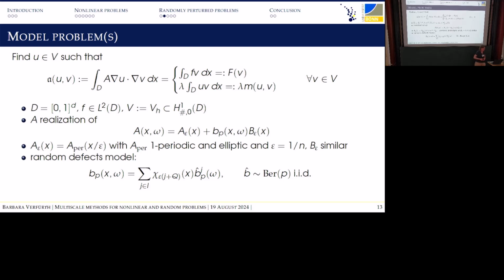They are all independent from each other. And then if B hat is 1, you have A epsilon plus B epsilon as your value there. And if not, you just have the background A epsilon there. That's the model that we also took from the literature.